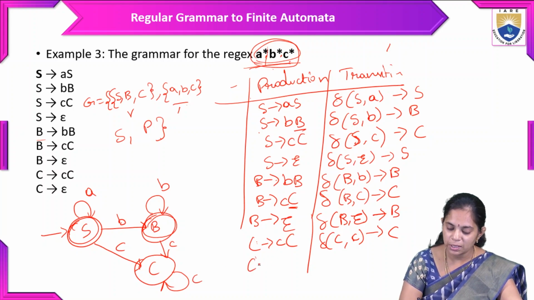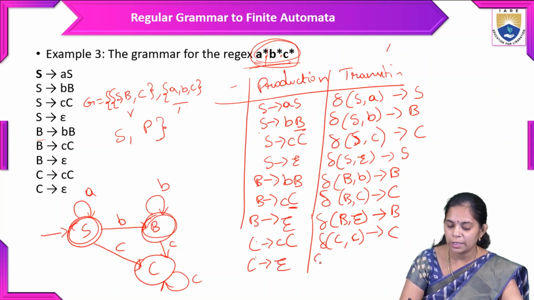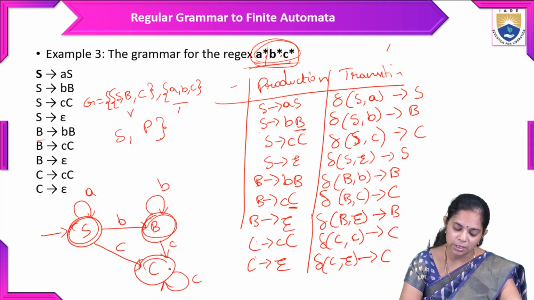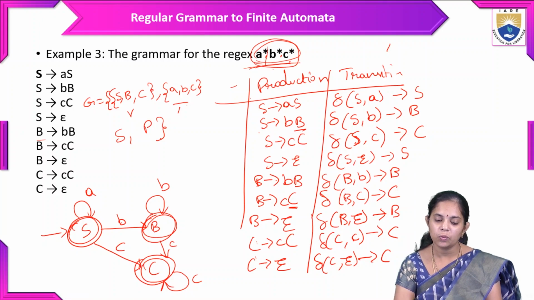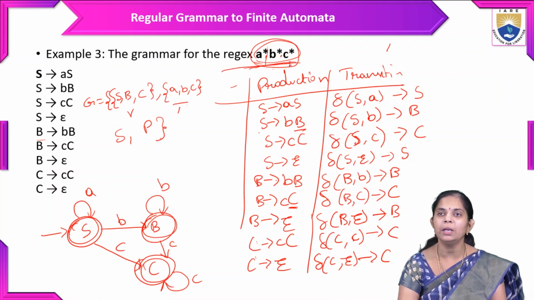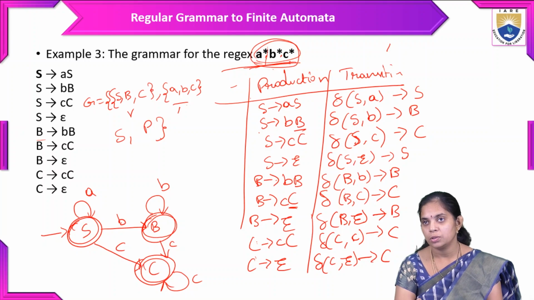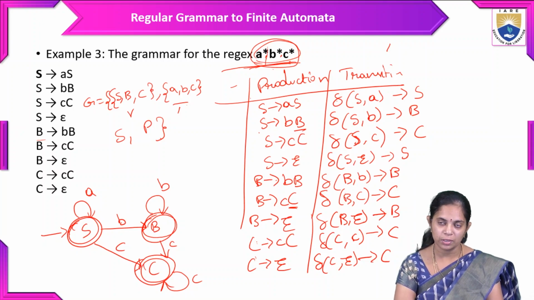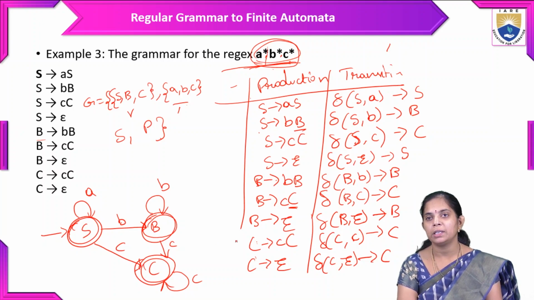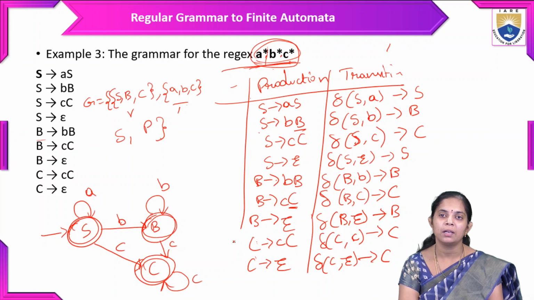And C tends to epsilon, delta of C comma epsilon, reaches capital C, which represents a final state. So this is how we convert this regular expression to a finite automata. First we write every production rule, then we convert it to a transition function, and then we parallelly construct the transition diagram.